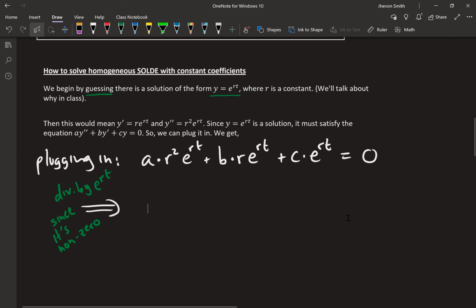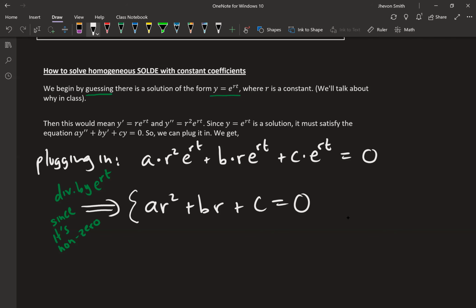So we can divide through by e to the rt because it's not 0. And what we're going to get is a r squared plus b r plus c equals 0. And so by assuming a solution looks like e to the rt, we end up with this equation right here.